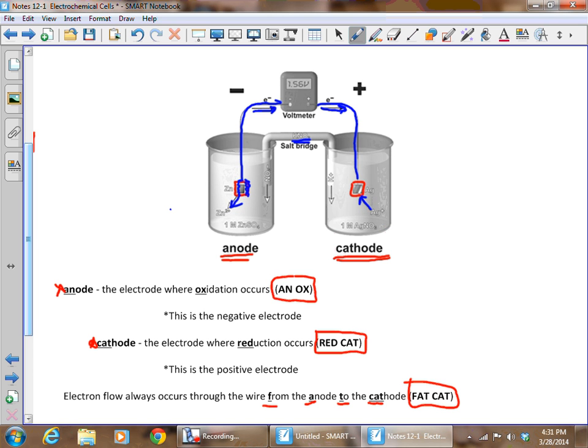It's going to reduce in mass. Over here on the cathode, as that silver ion is turning into silver metal, that cathode is going to increase in mass.